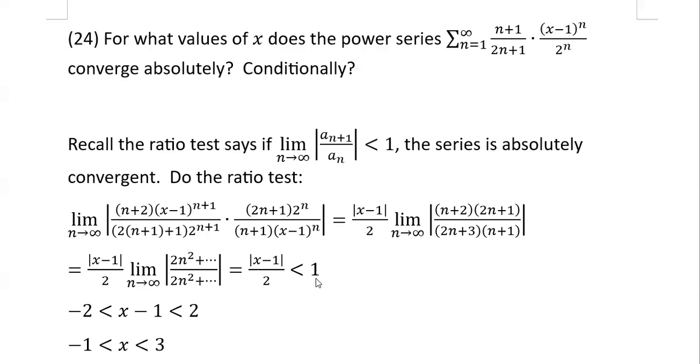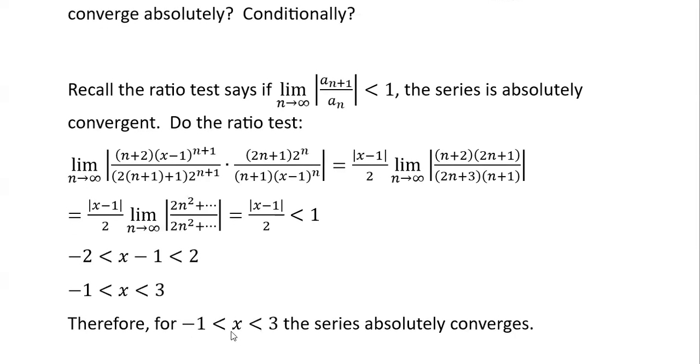So we're going to answer the first part of this question directly, just by this ratio test that we've been doing the whole time. Okay, so we start solving for x in this inequality. After that, we get -1 less than x less than 3. So therefore, for x between -1 and 3, the series absolutely converges.